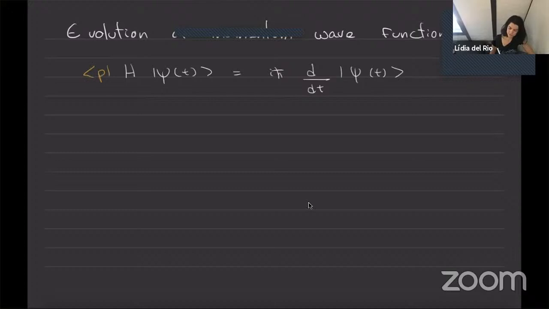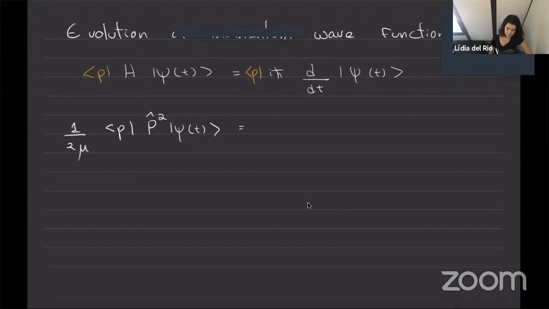It's still true if you multiply everything by a vector, and it's going to be the vector corresponding to the momentum p. So then, if you replace the Hamiltonian, we get here 1 over 2 mu p squared psi of t equals, and on the right, again the momentum basis does not depend on time, so we can move it to the right, p psi of t, right?